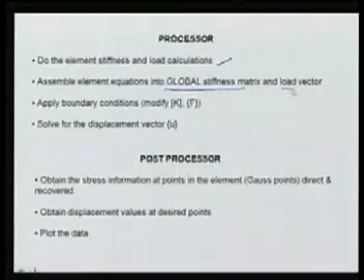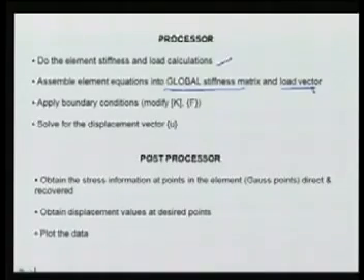Now, how do we assemble in a computer? By using this global to local enumeration. This array or vector will tell us which global locations our element entries should go into. So we will pick the right row and column in the global stiffness matrix and the right row in the global load vector, where I will add these element contributions. This is the process of assembly.